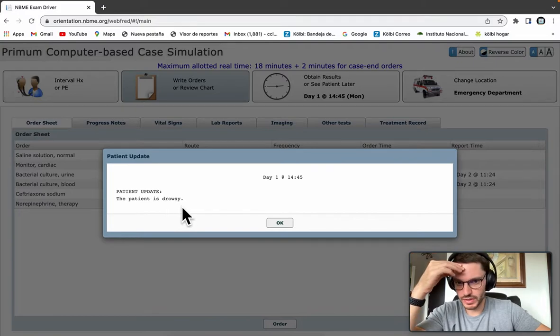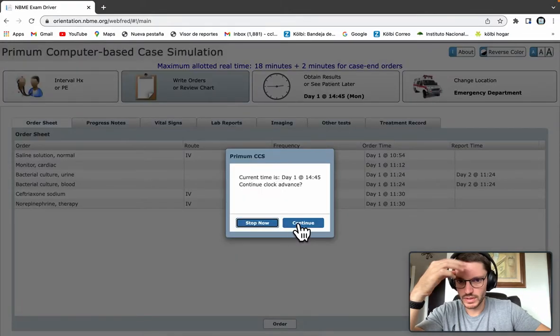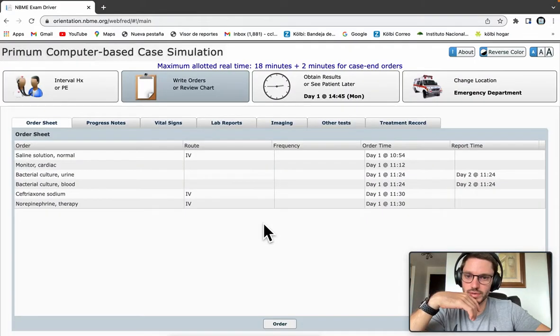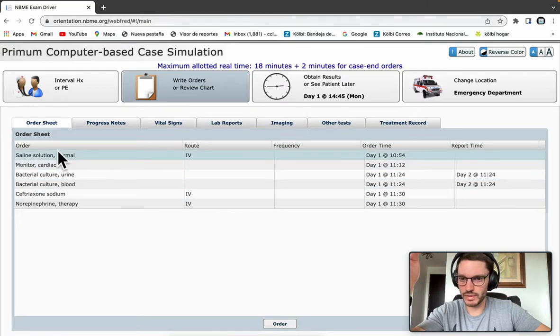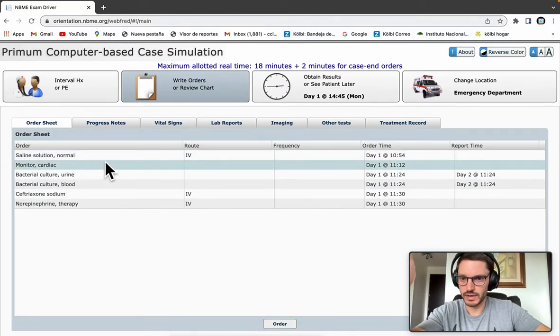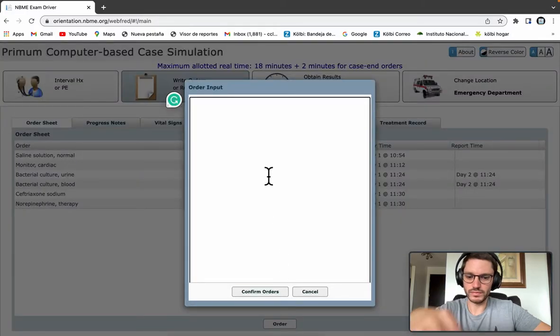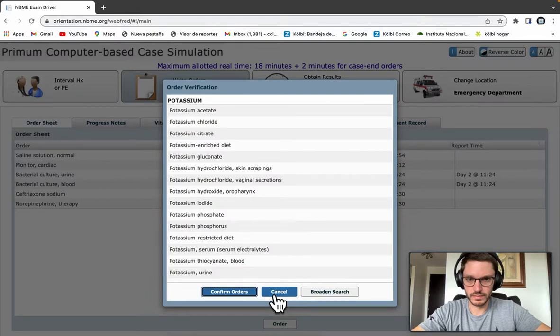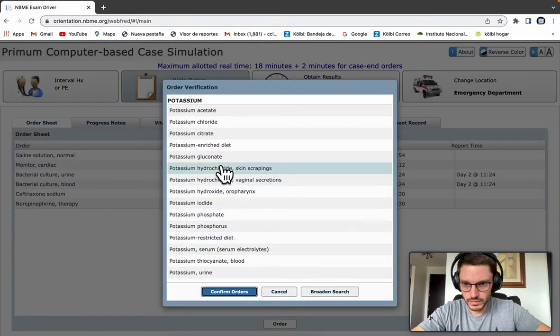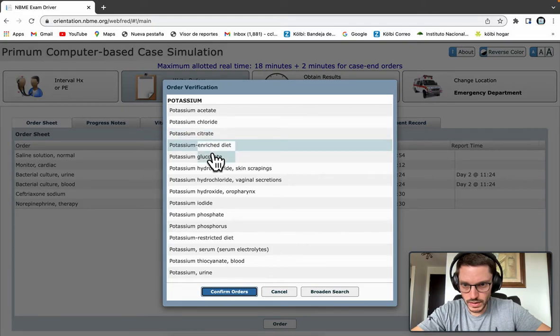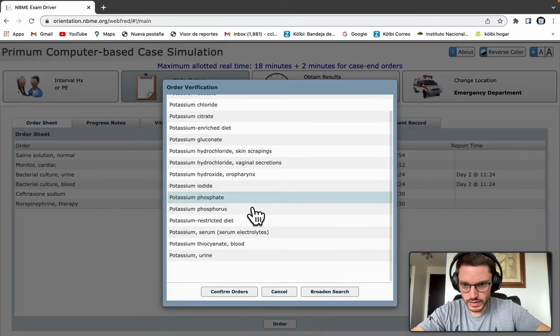Patient is drowsy. What should I do? Should I stop it here? She's drowsy. I'm giving IV fluids. Potassium. KCl, IV.